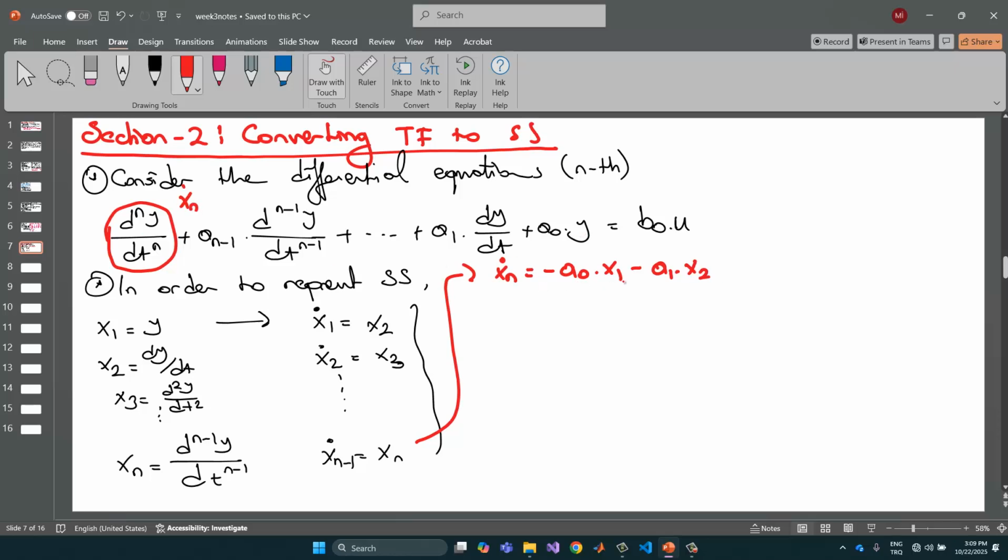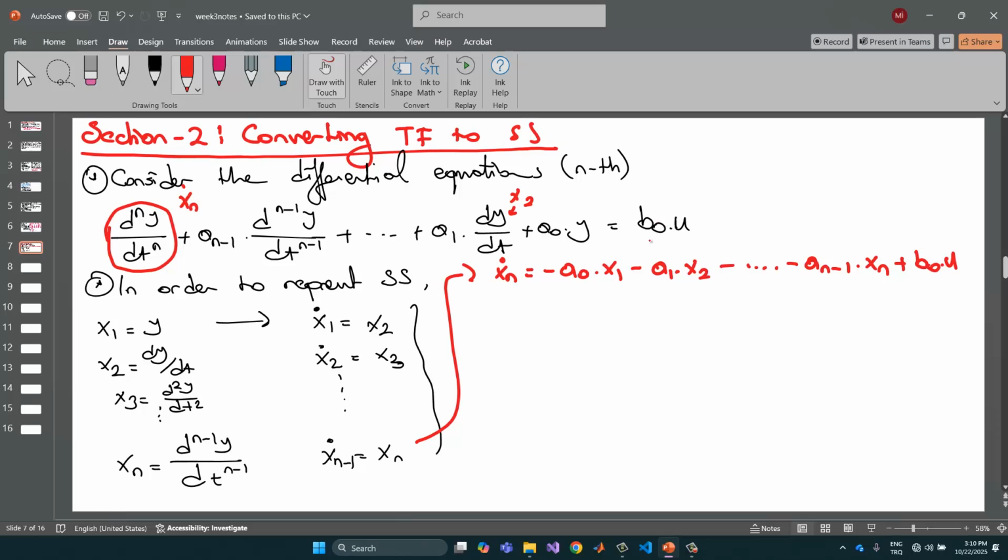Minus a0 times x1 minus a1 x2. What is the x2? This is the x2, right? So when we move it to the right side, this equation occurs. Minus and so on, minus an-1 xn, plus b0u, because this is positive and it's on the right hand side.